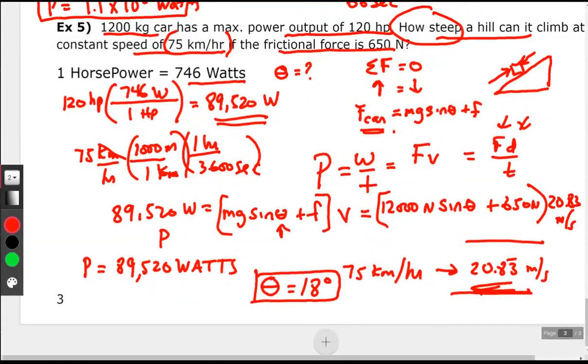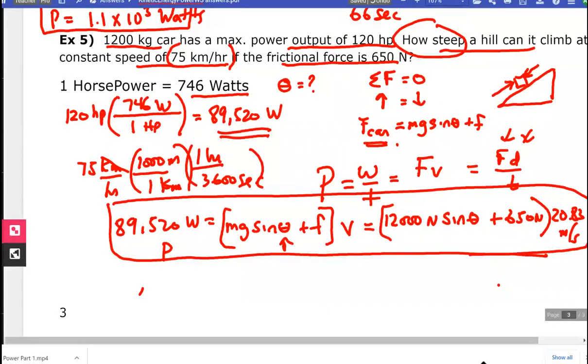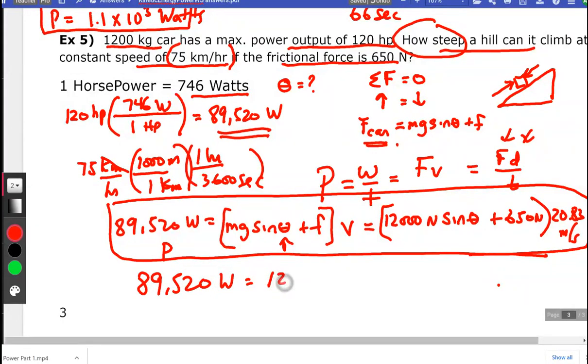I think I need to clean this up because it's really getting crowded down here. All right, let's clean this up. 89,520 watts equals 12,000 newtons, the weight, times the sine of the angle that we don't know, plus 650 newtons, the friction, times the velocity, because the power is force times velocity.